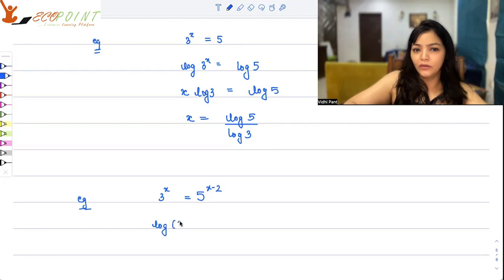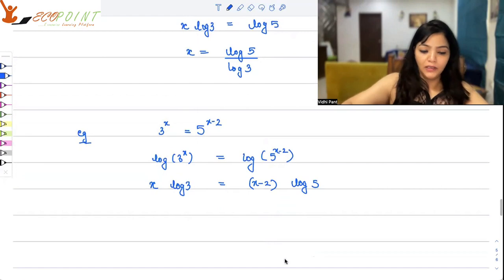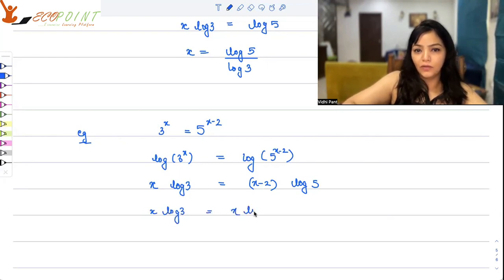So that means log 3^x is equal to log 5^(x-2), which means I have x log 3 equals (x minus 2) log 5. Okay. Now this means we get x log 3 equals x log 5 minus twice log 5.